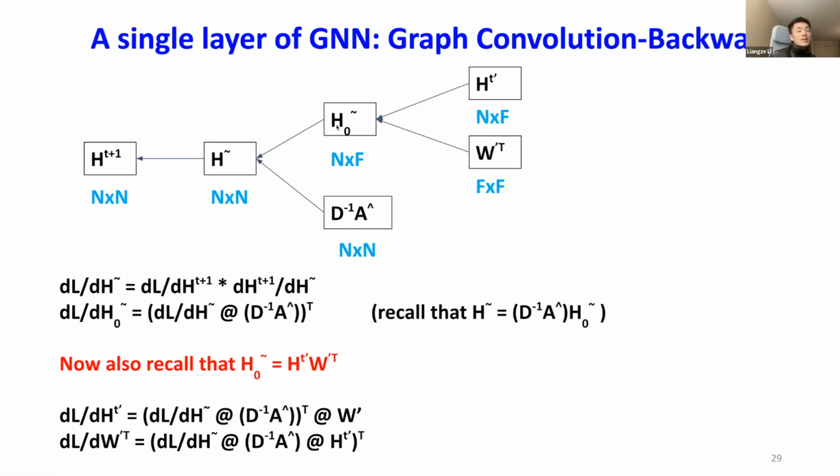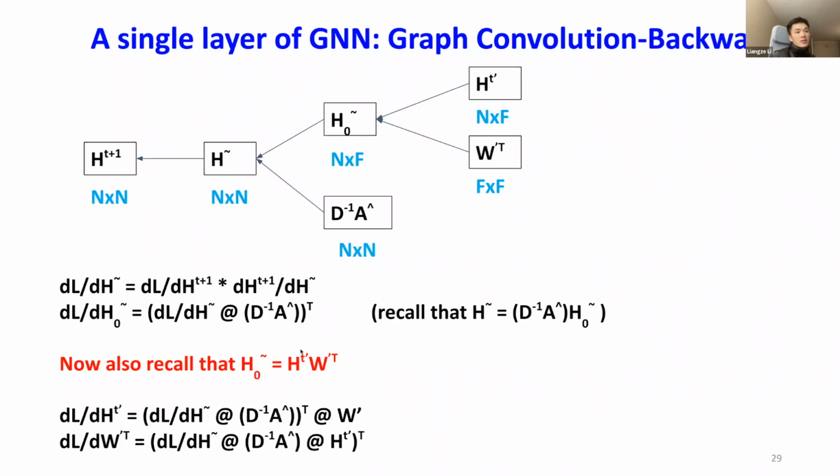So let's now also recall that h0 tilde is the same as the multiplication of these two matrices in that order, right? So for the final targets that we're trying to attack over here, the dL/dht prime, we basically use the first lemma, right?